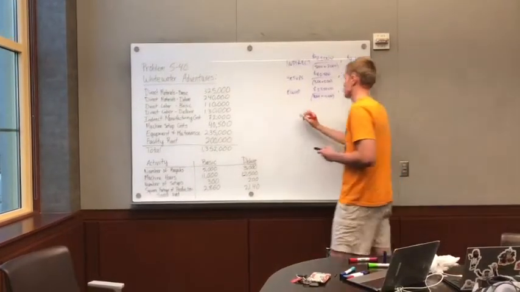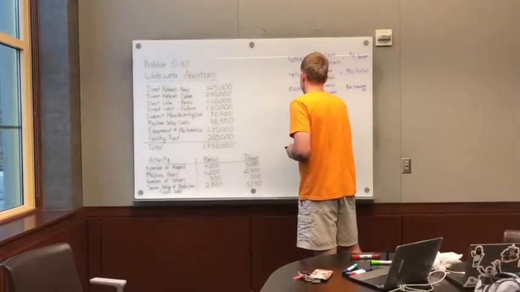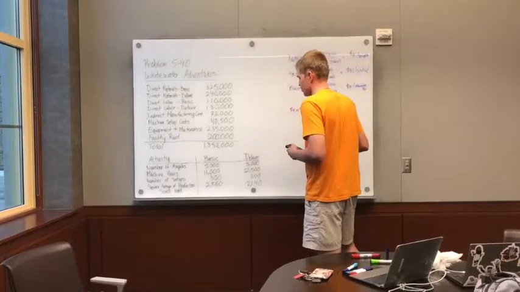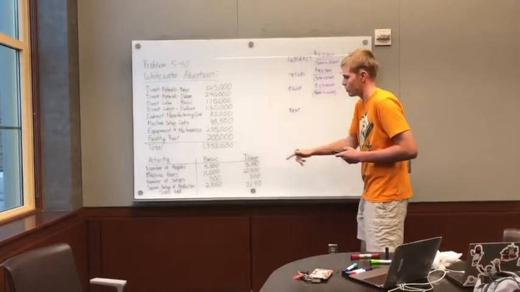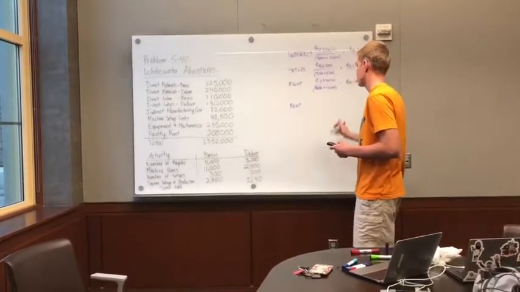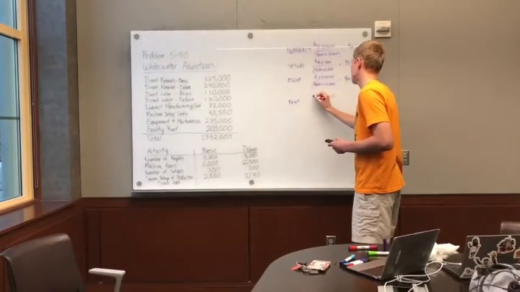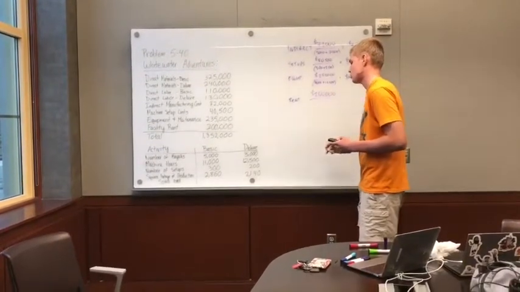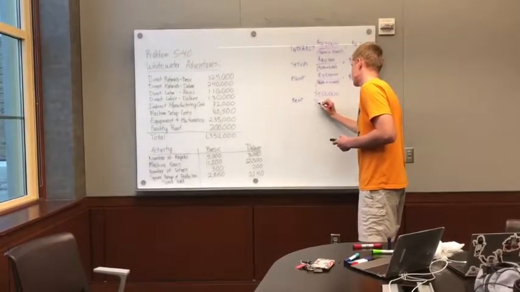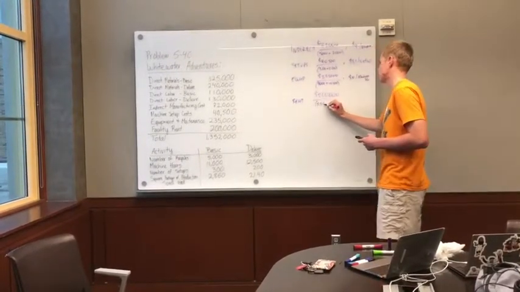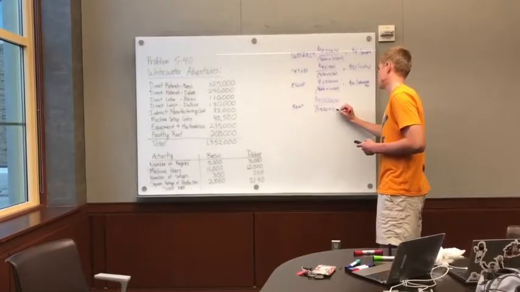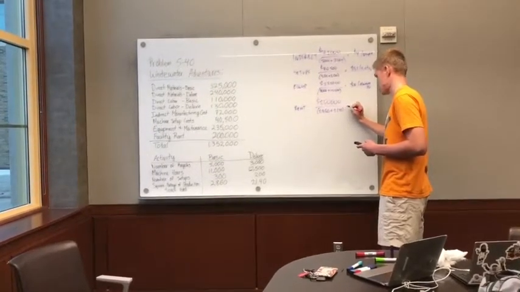So our final cost is going to be rent, the final activity. We're basing that on the square footage of production space used. So we have a total of $200,000 over our total square footage. So that's going to be 2,860 and 2,140.